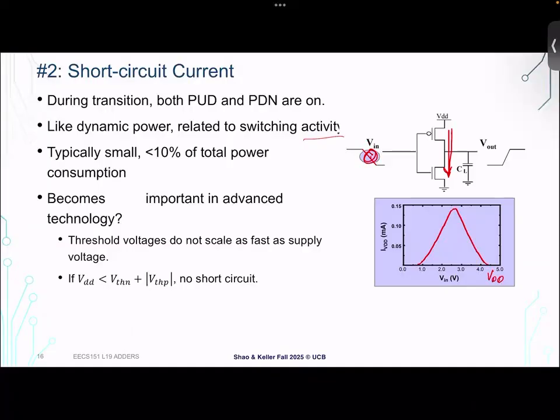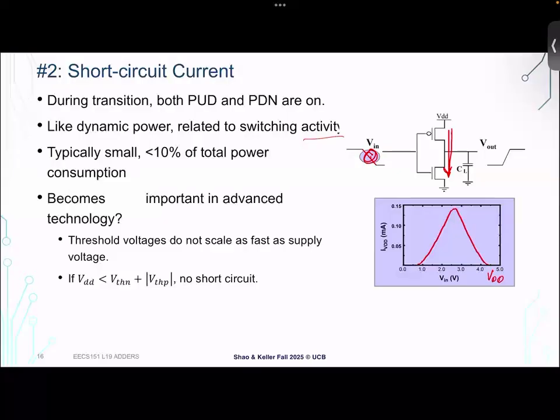Why is that? Well, threshold voltages, recall that we need to exceed the threshold voltage of the transistor to turn it on. Threshold voltages do not scale as fast as supply voltage. And so over time, as VDD has been getting smaller and smaller, threshold has been mostly staying the same. So typical threshold voltages are around, I don't know, 300 millivolts or 400 millivolts.